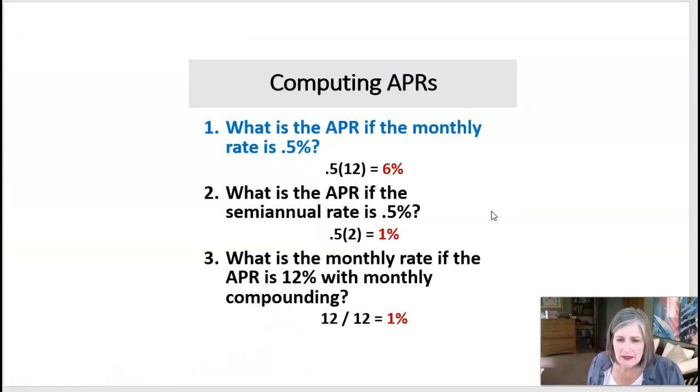The best way to look at this is with an example. Computing an APR: if the monthly rate is 0.5% and there are 12 periods in the year, the APR is going to be 6%. If the semi-annual rate is 0.5%, meaning it's compounded twice a year, the annual percentage rate is 1%. And the monthly rate of an APR at 12%, if it's monthly compounding, is going to be 1%.